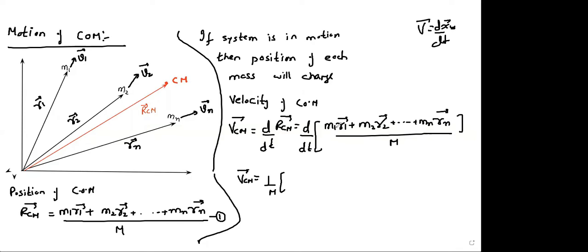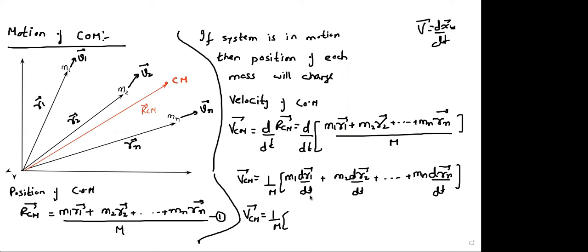And if I differentiate this term, then m1 is constant. This will be just m1 dr1 over dt plus m2 dr2 over dt, up to your n terms, and it will be mn drn over dt. So what is dr1 over dt?